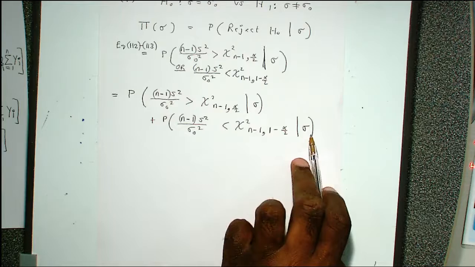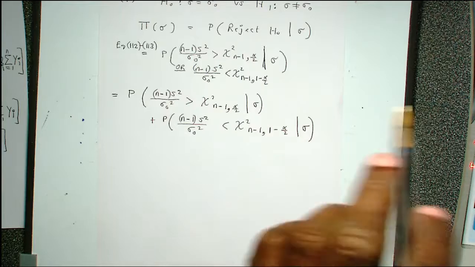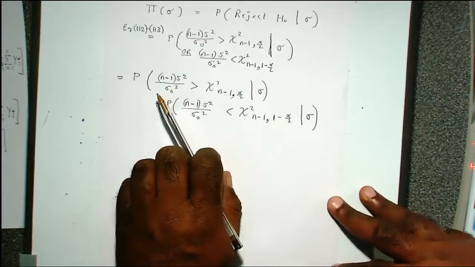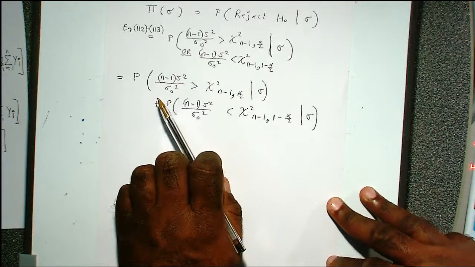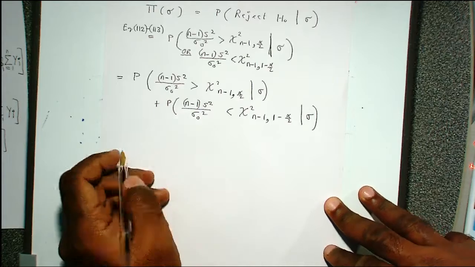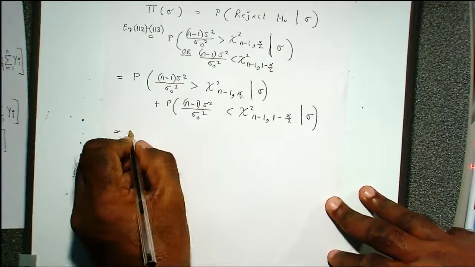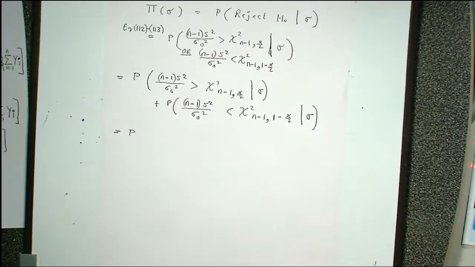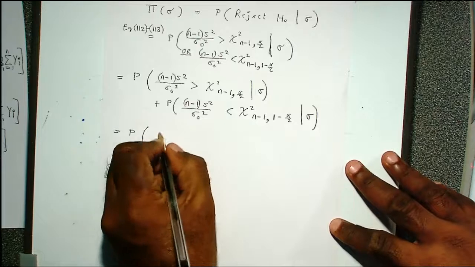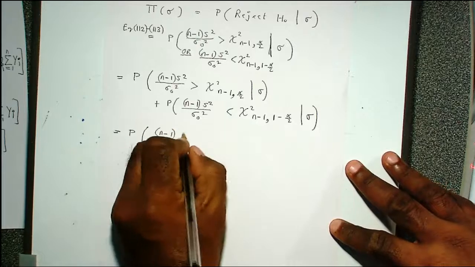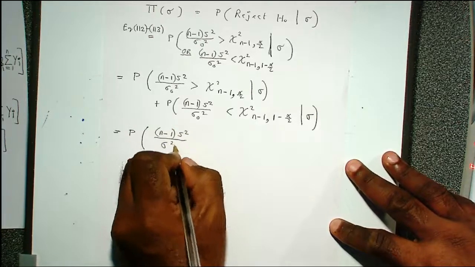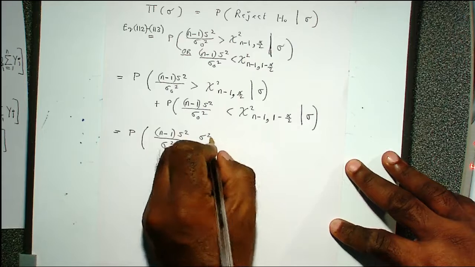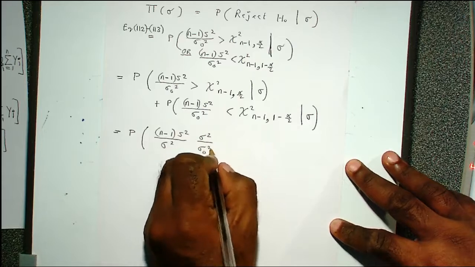So the next thing you must do is to replace the sigma 0 by the true population standard deviation. So that's what I'm going to do. I'm going to replace sigma 0 squared by sigma squared. So I need to multiply by the same thing and keep it.